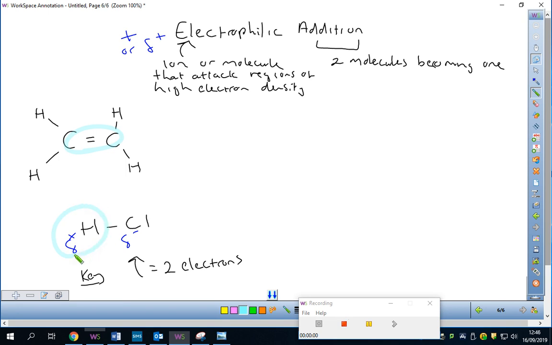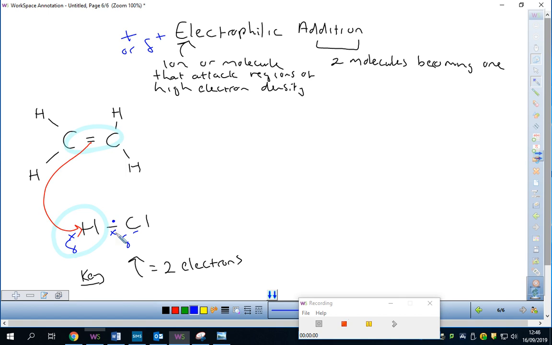The H, the delta plus, is the region that attacks the C double bond C. Our key shows that electrons move from the double bond, where there's lots of them, to where there are less of them. From here to here. As a result, the two shared electrons previously between the hydrogen and the chlorine are relinquished by the hydrogen.